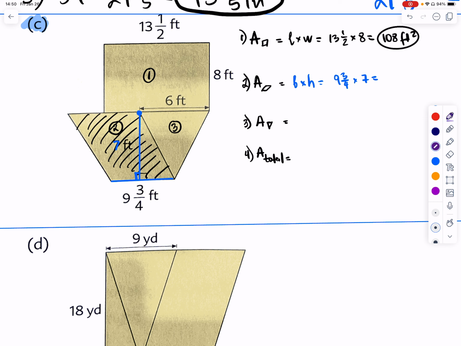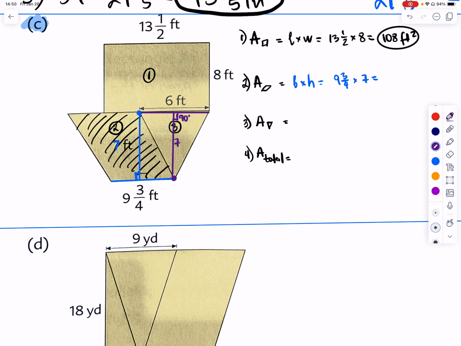Now, the area of a triangle. Let's identify the base. We have it as 6 feet. Let's identify the vertex that is opposite of the base, and let's drop the perpendicular line with a 90-degree angle to the base, and that will be our height, which also happens to be 7 feet.